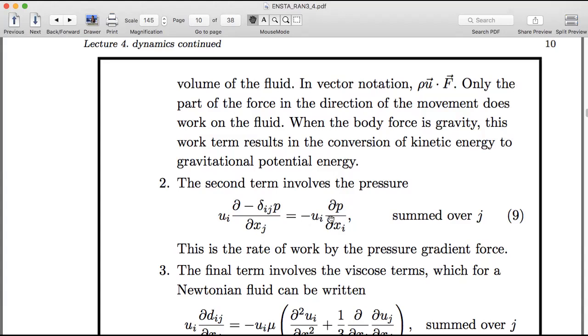Well, remember, minus partial p partial xi was the pressure gradient force in the xi direction. So this is the rate of work done by the pressure gradient force.